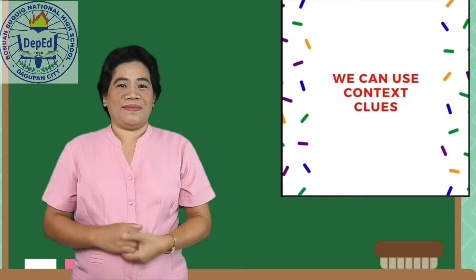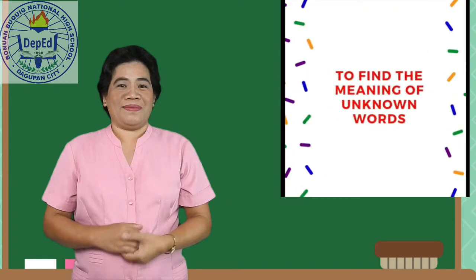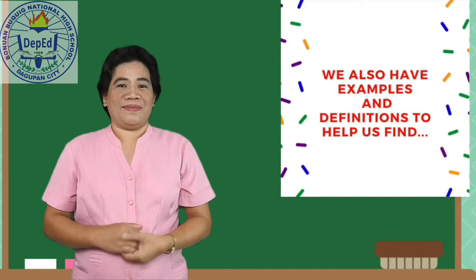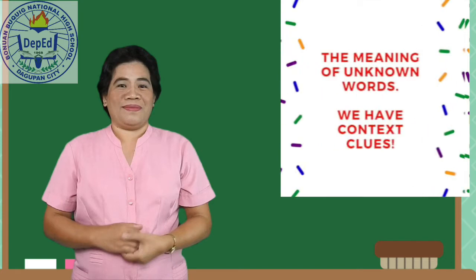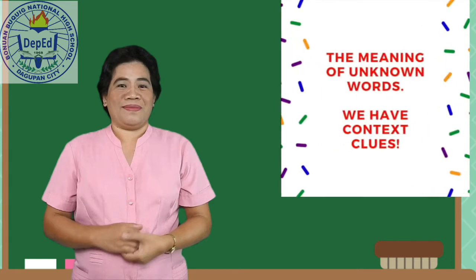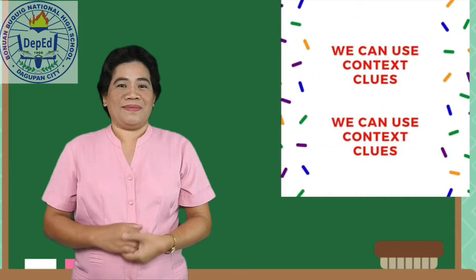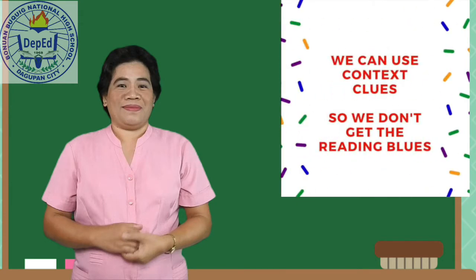We can use context clues to find the meaning of unknown words. We've got pictures surrounding words, synonyms, antonyms. We also have examples and definitions to help us find the meaning of unknown words. We have context clues. We can use context clues. We can use context clues. We can use context clues so we don't get the reading blues.